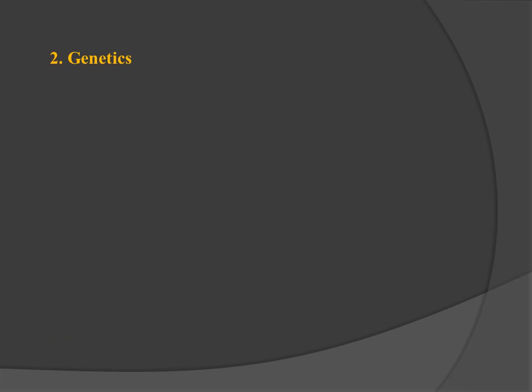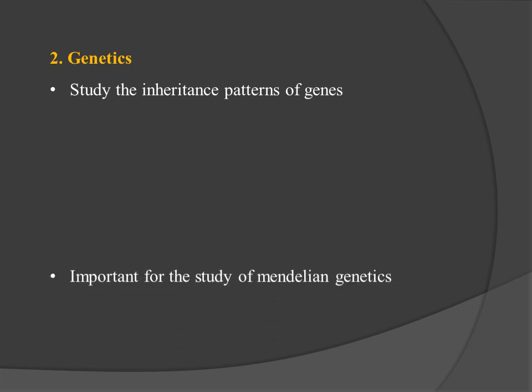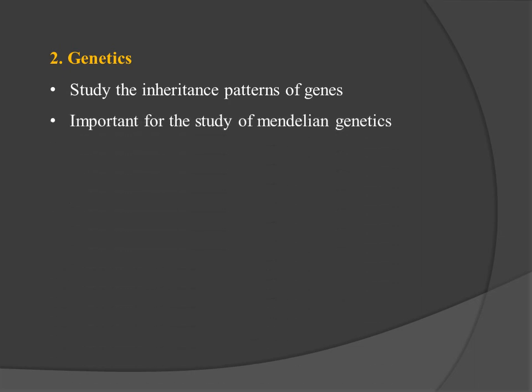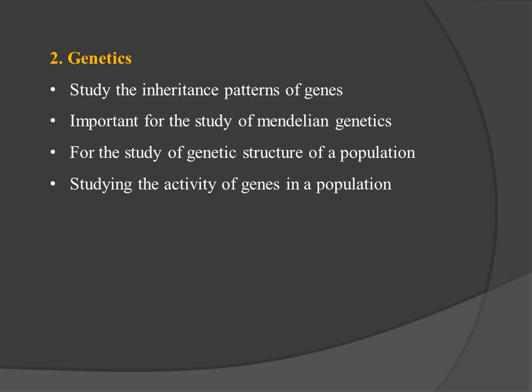And in the field of genetics, biostatistics is used to study the inheritance pattern of genes, and it is important for the study of Mendelian genetics. It is also used for the study of the genetic structure of a population, for studying the activity of genes in a population, and also for chromosome mapping.